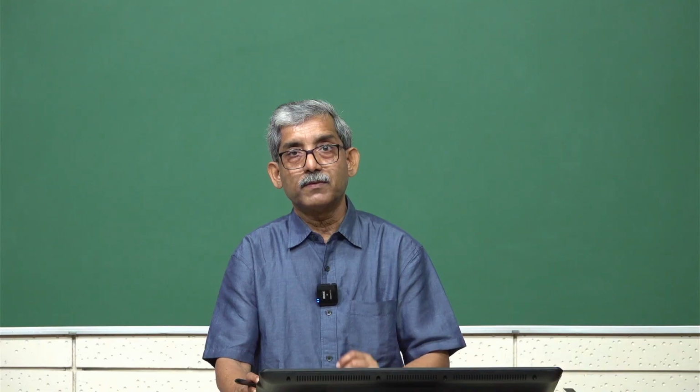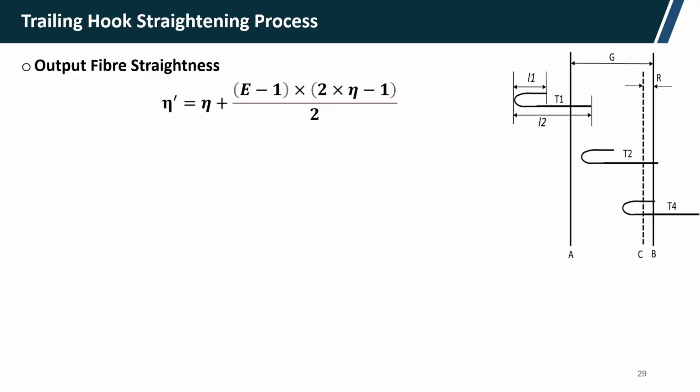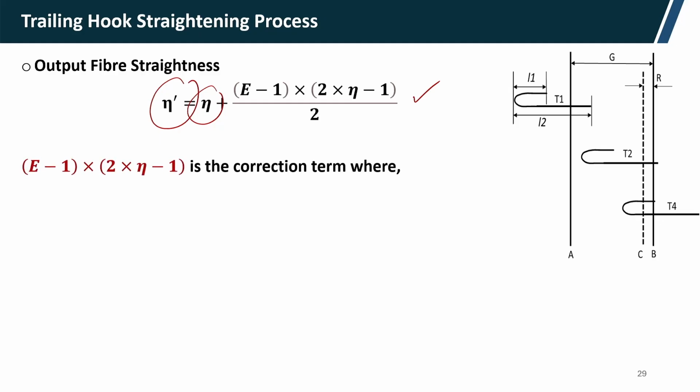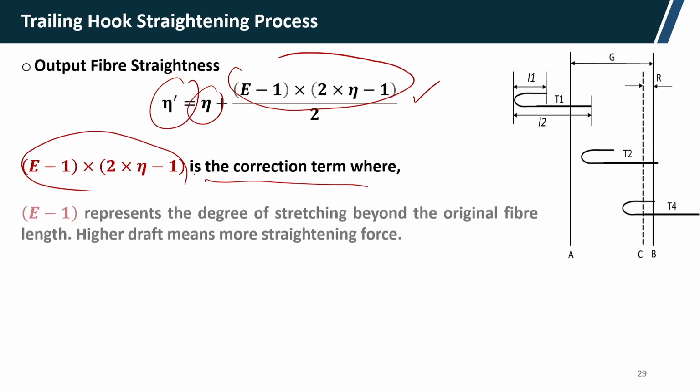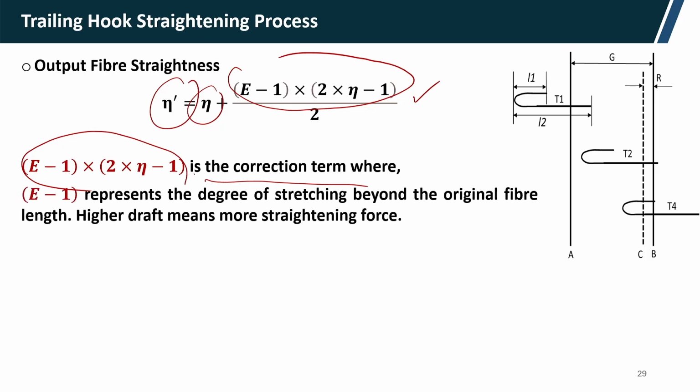And the output fiber straightness becomes this equation, where eta dash, the output fiber straightness, equals the input fiber straightness plus (E minus 1) (draft minus 1) multiplied by (2 eta minus 1) by 2. So, this relationship can be derived, where this factor is the correction term, where E minus 1 represents the degree of straightening beyond the original fiber length.